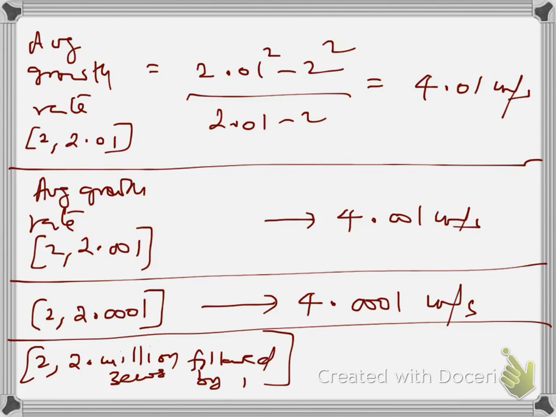So time is changing from 2 seconds to 2 point many zeros followed by 1 seconds. This is very much less than 1 second. In that, the average growth rate is coming out to be 4 point many zeros followed by 1. So by this reasoning, I conclude that the average growth rate from 2 to 2 is 4.